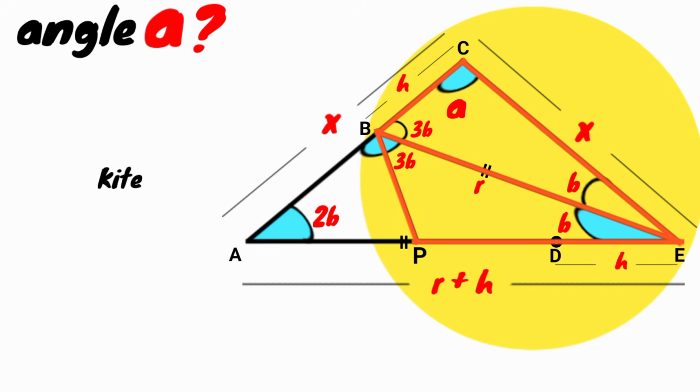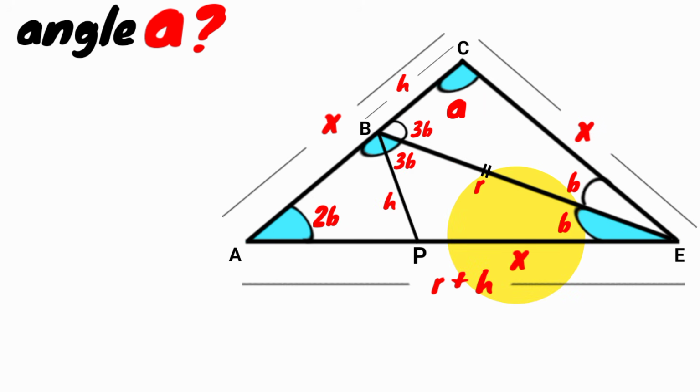Therefore, it is a kite-shaped quadrilateral. So since it is a kite, this side and this are congruent, and this and this are also congruent. We have this to be H, therefore this must also be H, and since this is x, this must also be x.